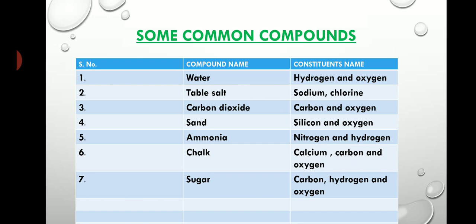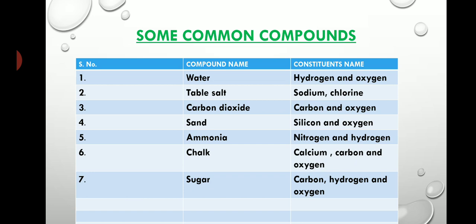Some common compounds. Let us study some common compounds. First is water. What are the constituents of water? Hydrogen and oxygen. Table salt. What are the constituents? Sodium and chlorine. Carbon dioxide: carbon and oxygen.